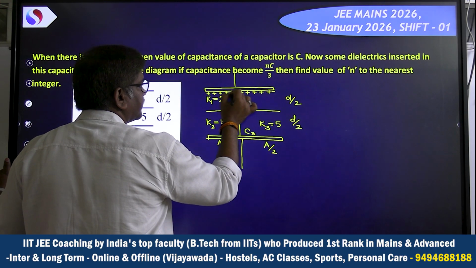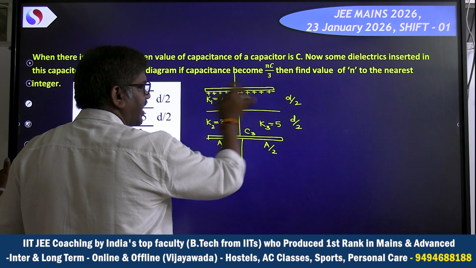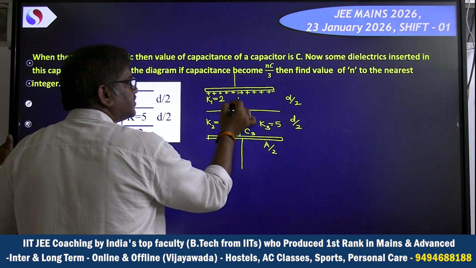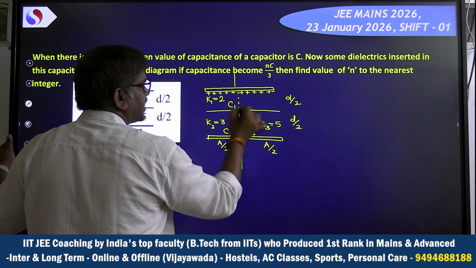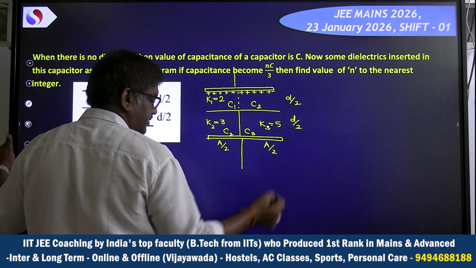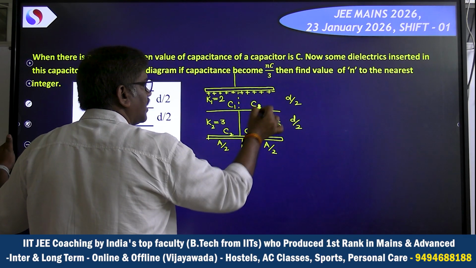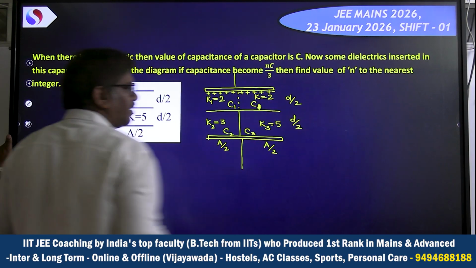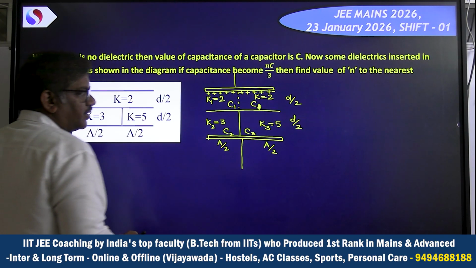So you cannot consider this entire thing as a single capacitor. You have to consider this half portion. Let us say I just named it C1 and C1 only. Both are half C1, because this is also the dielectric of dielectric constant 2.